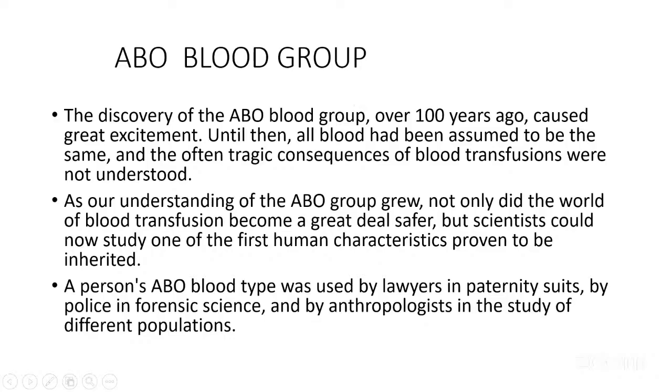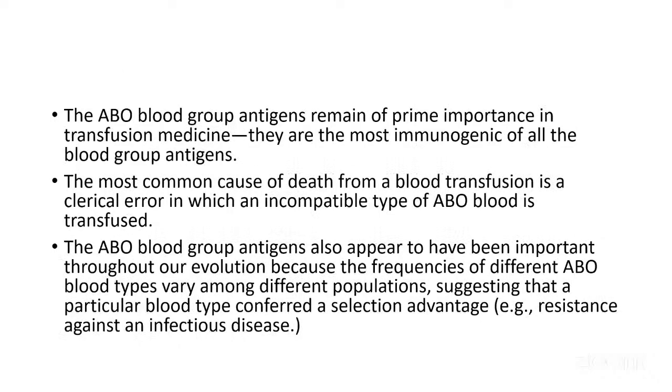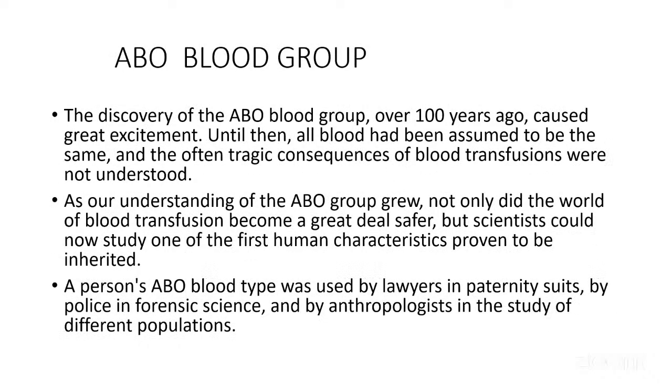The discovery of the ABO blood group over 100 years ago caused great excitement. Until then, all blood had been assumed to be the same, and the often tragic consequences of blood transfusions were not understood.